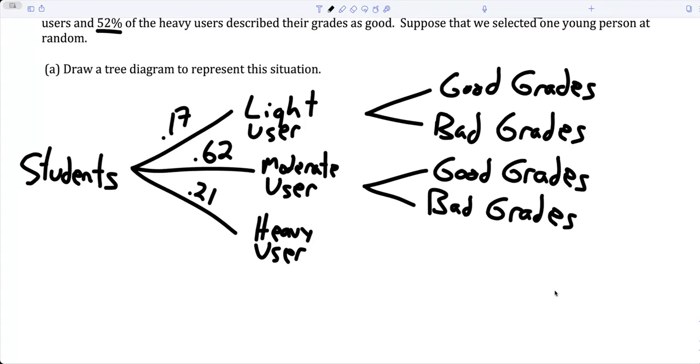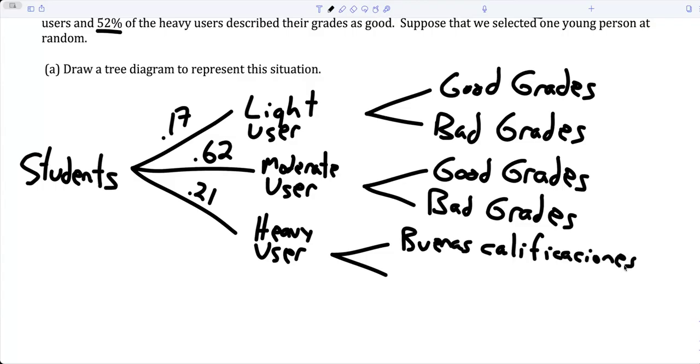And for the heavy users, we have buenas calificaciones.